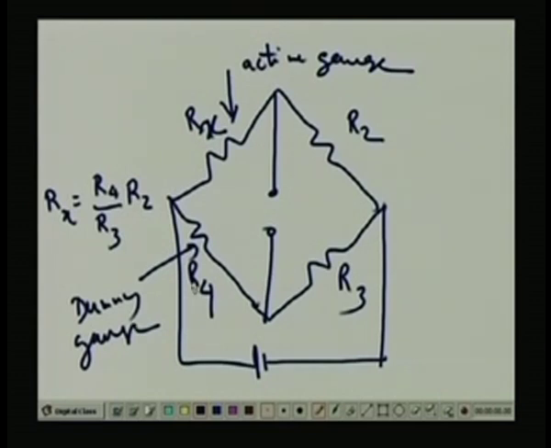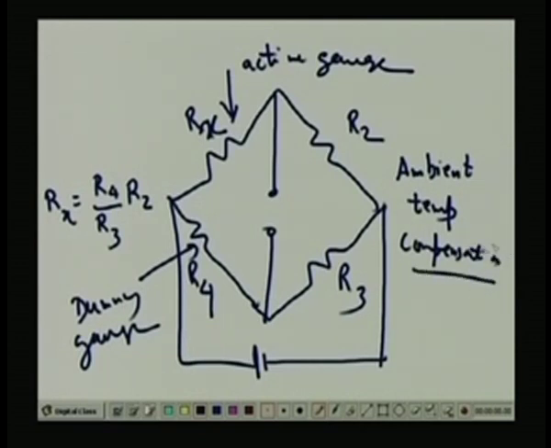This is used for making the temperature compensation. So, ambient temperature compensation, because if the ambient temperature changes, this gauge will take care. So, it is sometimes called ambient temperature compensation also.